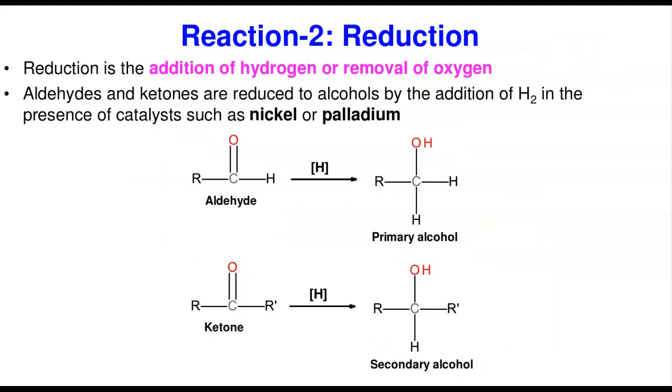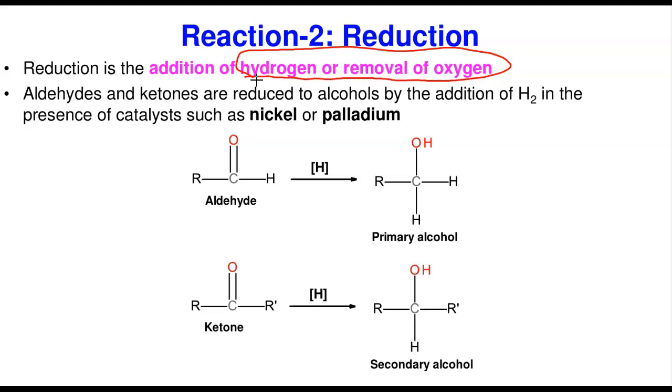Alright, we now go to the second reaction, which is reduction. Like we said earlier in the lecture, I'm going to say it again. Reduction is the addition of hydrogen or the removal of oxygen. Any of them will give you the definition. So aldehydes and ketones, in this case, remember when we talked about oxidation, ketones do not undergo oxidation.